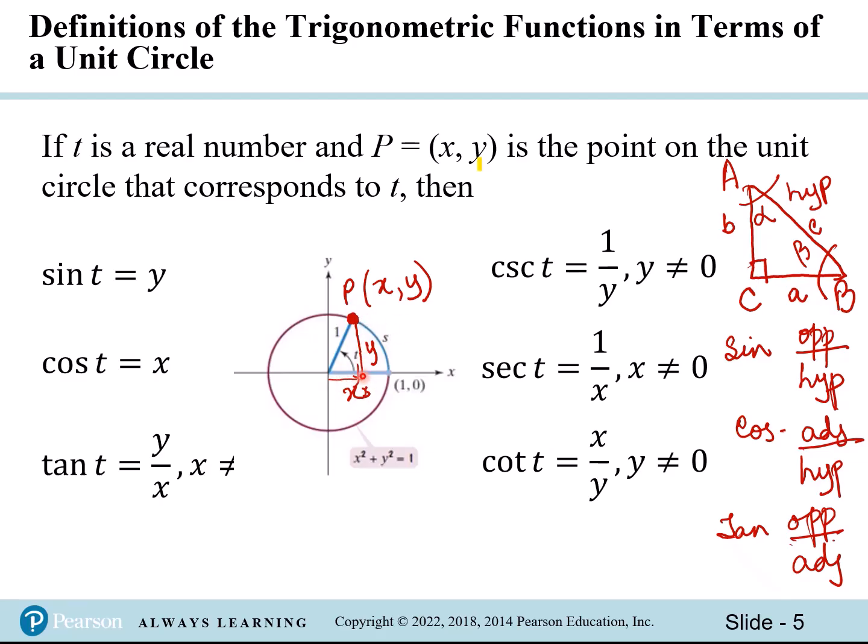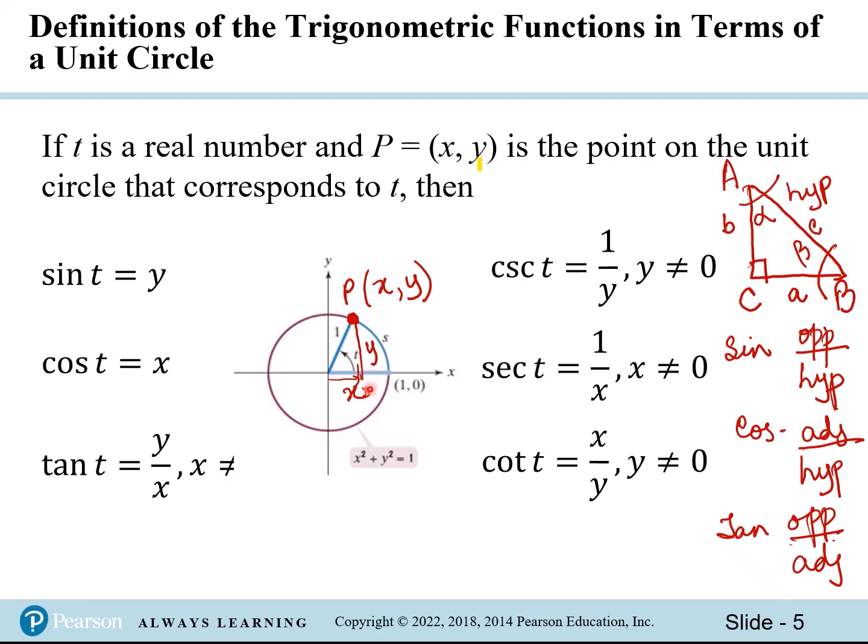We go along the x-axis horizontally and then we go vertically up, and that forms the measure y. And then this here is the radius, or it is the hypotenuse of the right triangle. So we have formed a right angle triangle on the unit circle. And now we are going to use these sides to come up with our trigonometric functions.